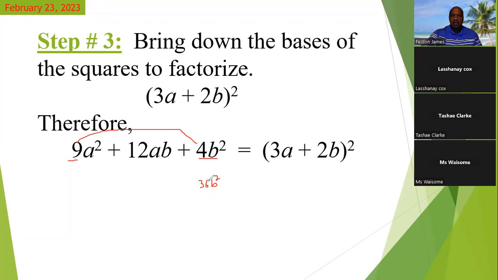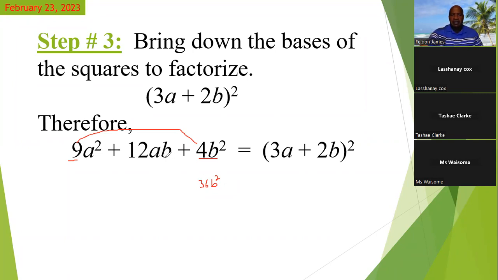Right. So now what we want to do is to find two factors of 36B squared that, when we add them, we get 12AB. Sir, it would be 36AB. No, the coefficient of the middle term now.